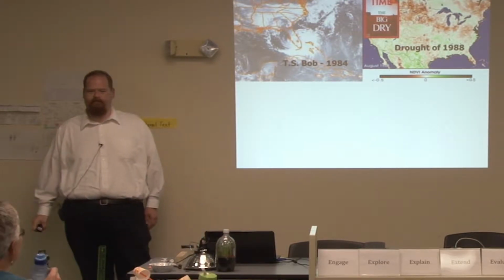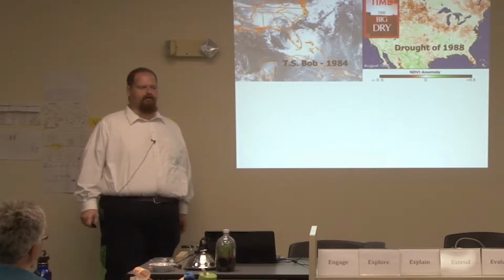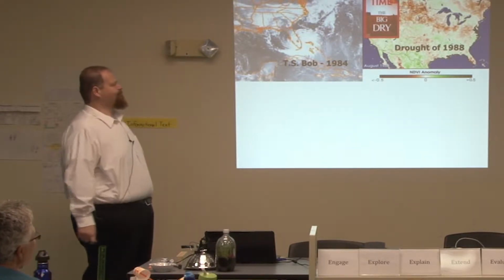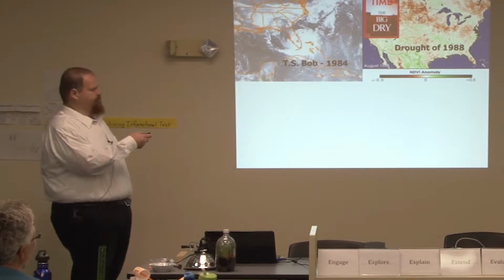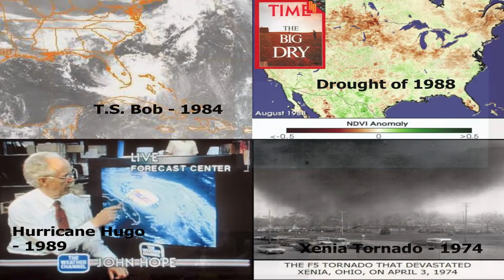Many of you probably remember that summer, the first drought of this young man's life. As this Time magazine front page captures, the big dry. It was a pretty short-term but very intense drought event.